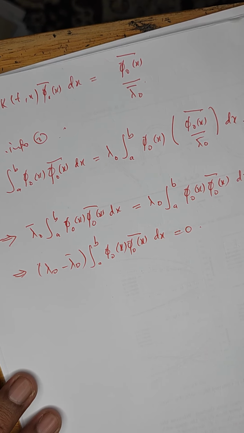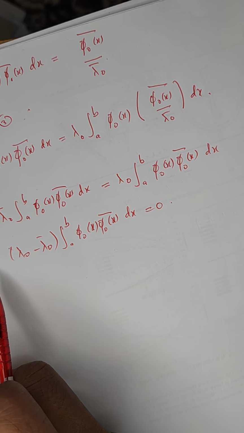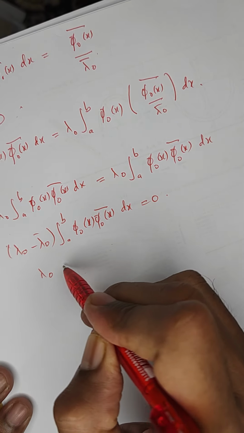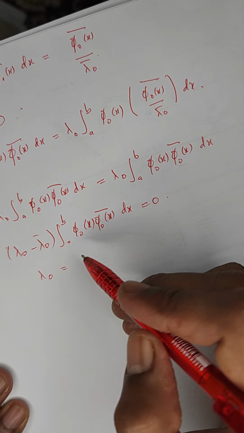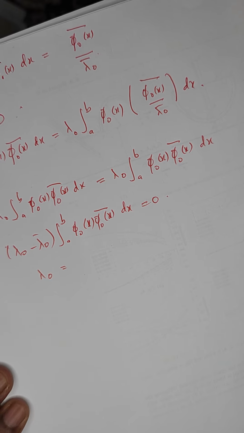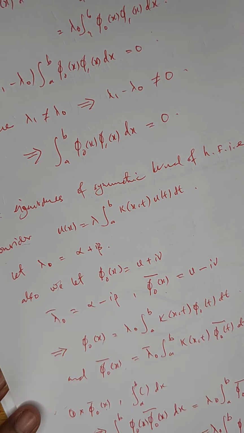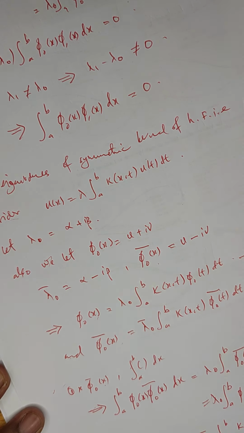But we have assumed that our lambda is alpha plus i beta, and our phi is u plus iv.